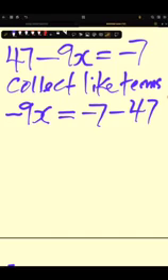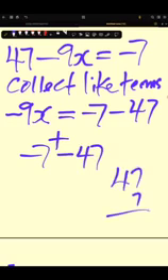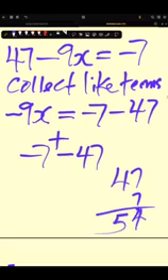What we'll then do is to add minus 7 to minus 47. We need to add the two together, and in adding the two together, it will give us 54.